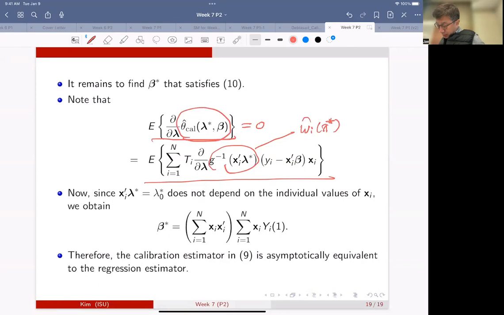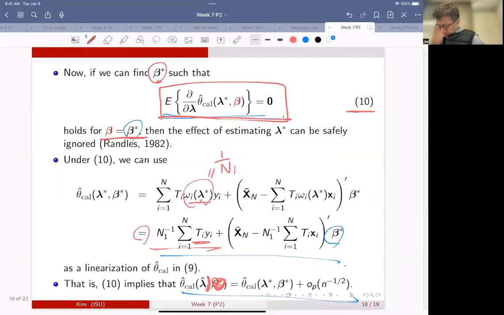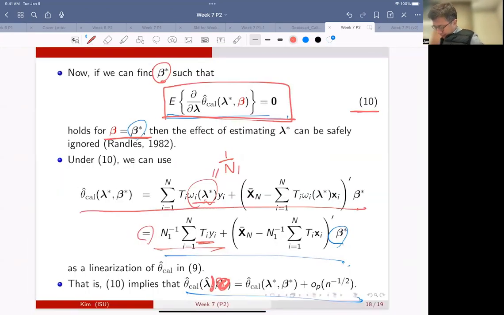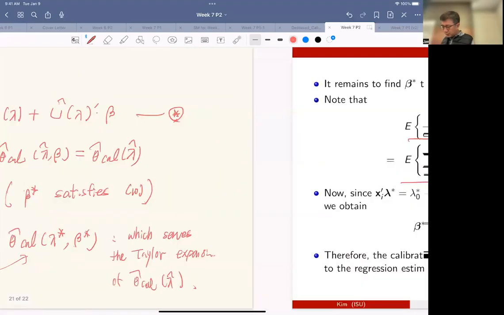Well, this guy is here, right? So this is constant with respect to lambda. You don't have to worry about it, because we want to compute the partial derivative. We want to evaluate equation 10, so that means we want to evaluate the partial derivative with respect to lambda, right? So this part goes away. That's why you get this one.